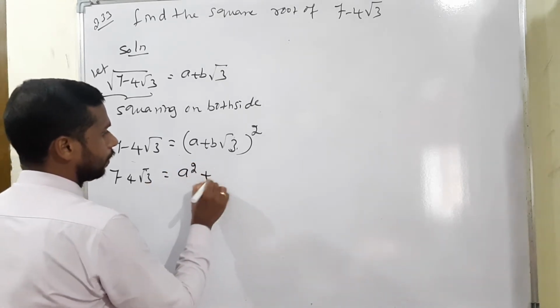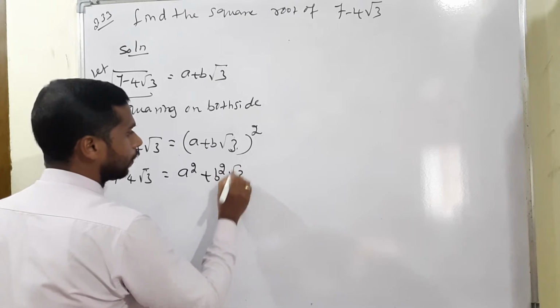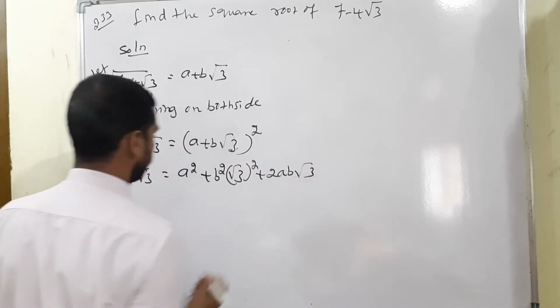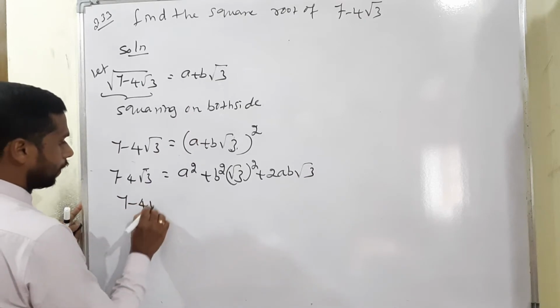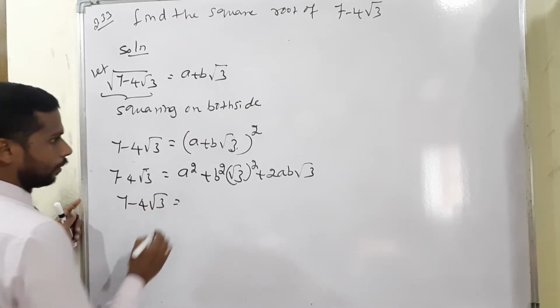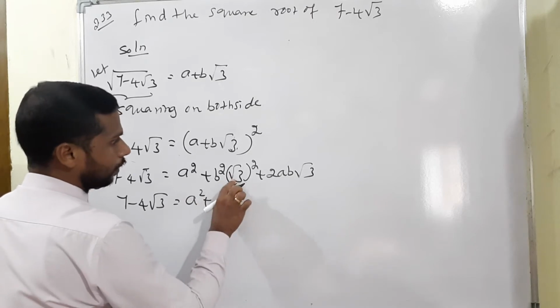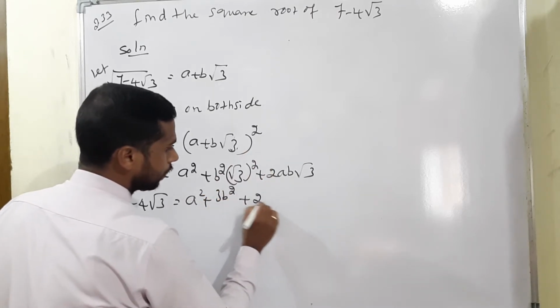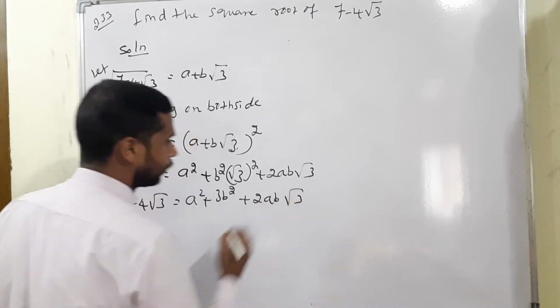Therefore a square plus (b root 3) the whole square plus 2ab root 3. Here (b root 3) the whole square means 3b square, isn't it? So 7 minus 4 root 3 is equal to a square plus 3b square plus 2ab root 3.